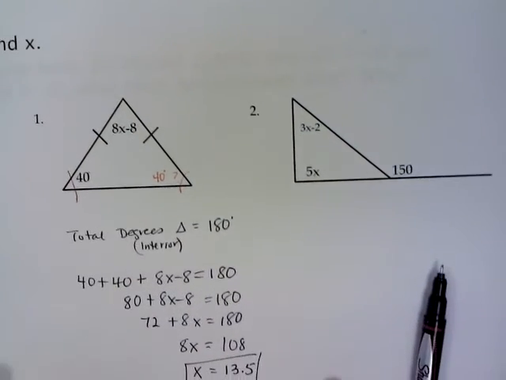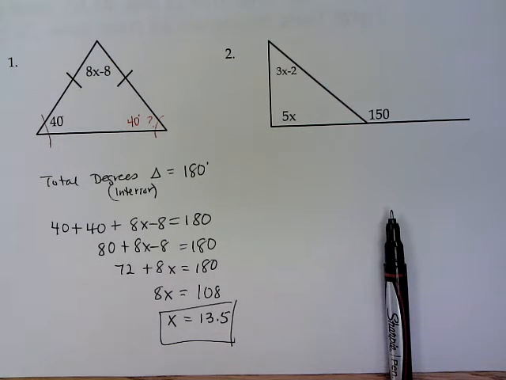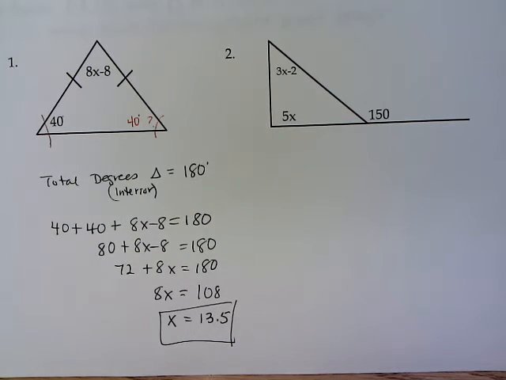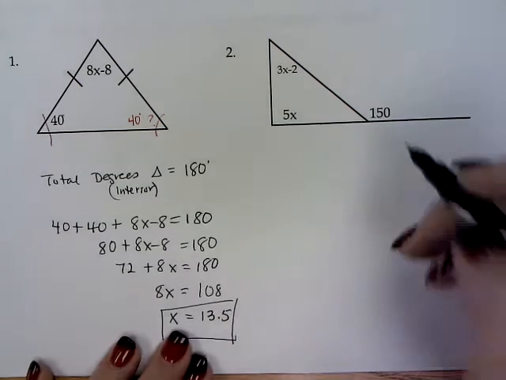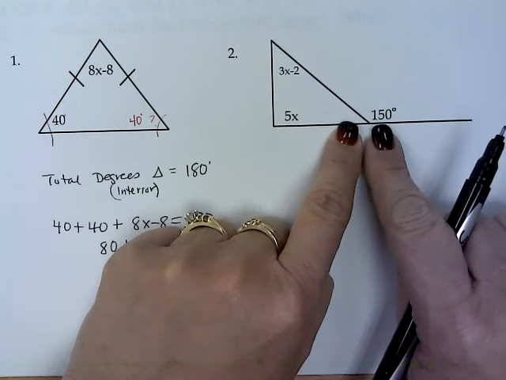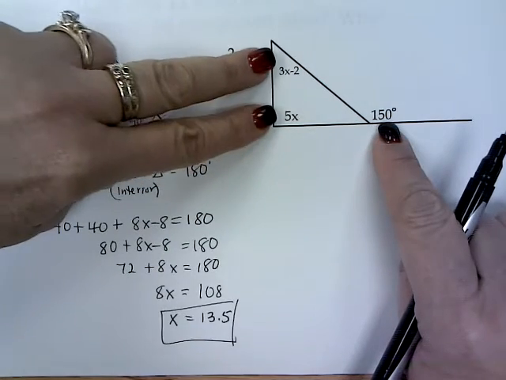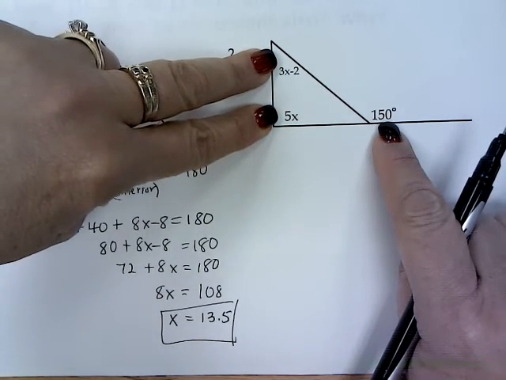When we move on to, oh, sorry, you didn't see that. When we move on to number 2, number 2 is a theorem that we learned within the first section as well. The theorem tells us that the exterior angle is equal to the two non-adjacent interior angles. Well, right here is my exterior angle for the angle right here, which means that this angle is equal to the two non-adjacent angles.